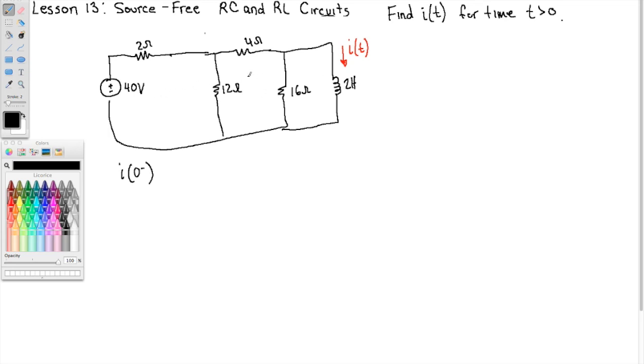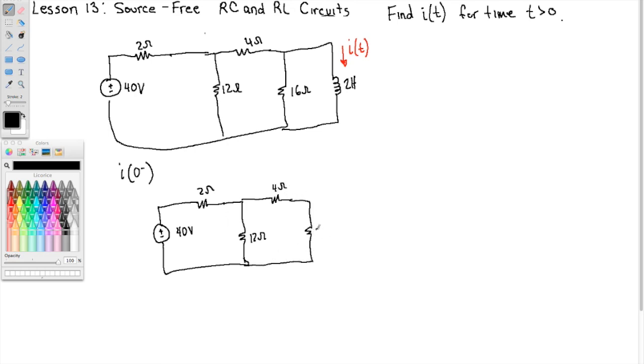Before the switch, since this is at its steady state, the DC equivalent of the inductor is a short circuit. So I have this circuit, and here is I0 minus that we need to calculate.